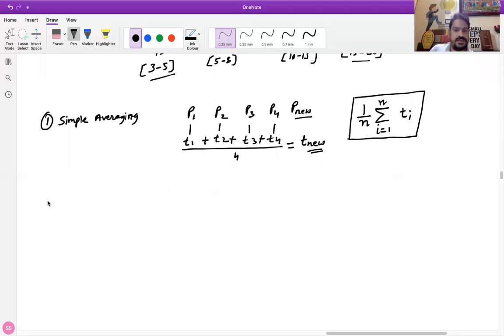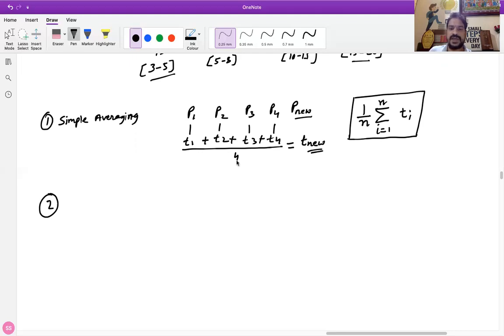So there is a second model in the dynamic category. Why does this come into the dynamic category? Because we don't know what T1, T2, T3 or T4 up to Tn are for the older processes, because they keep on changing. We don't know at what time which particular process will come and how much time it will take.